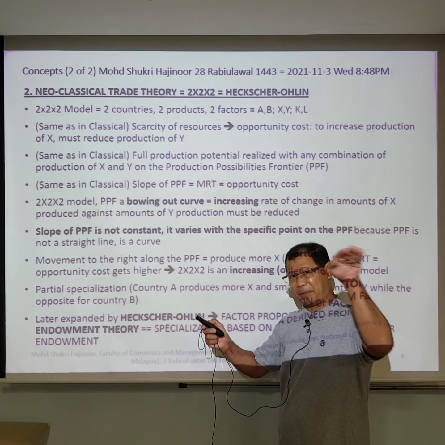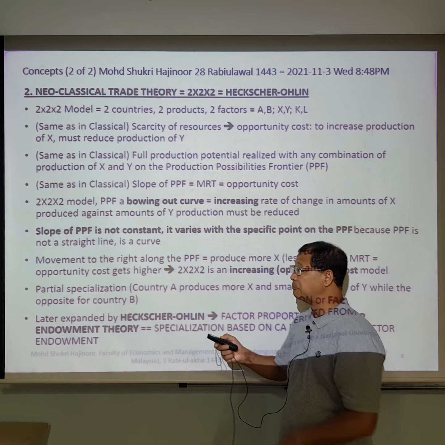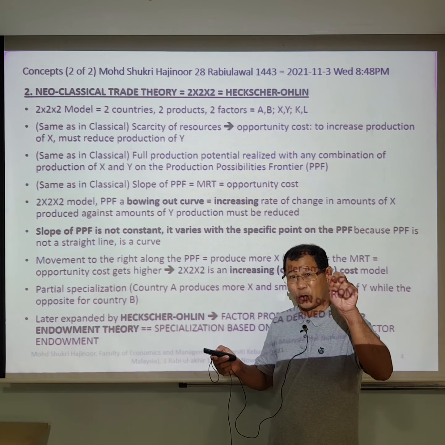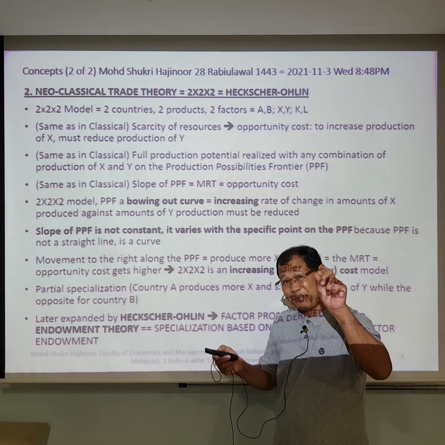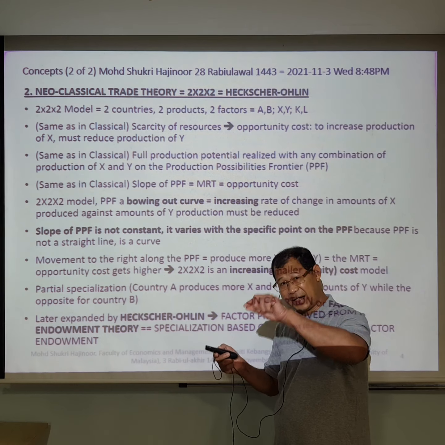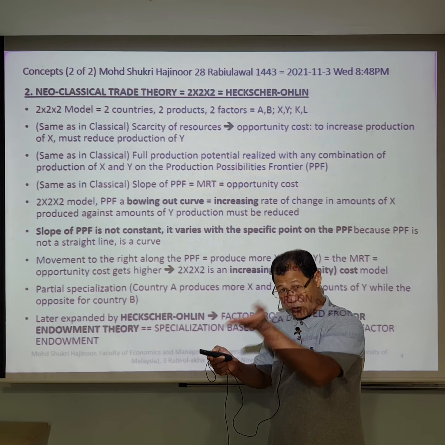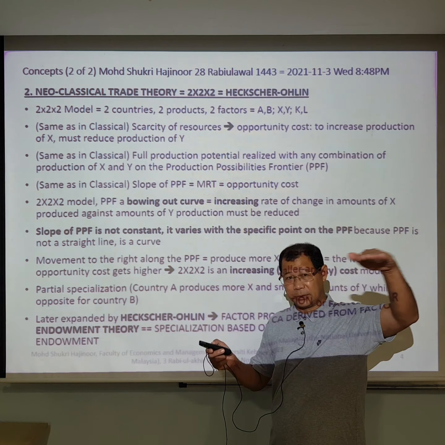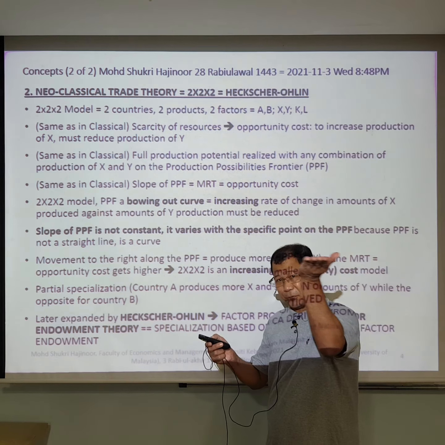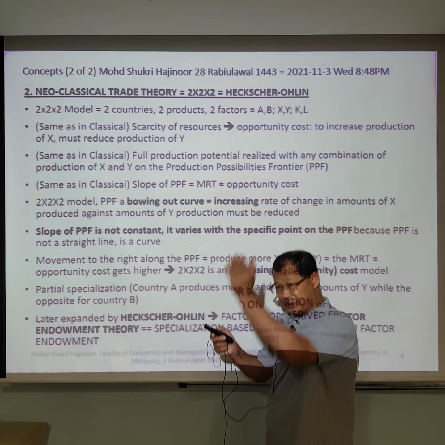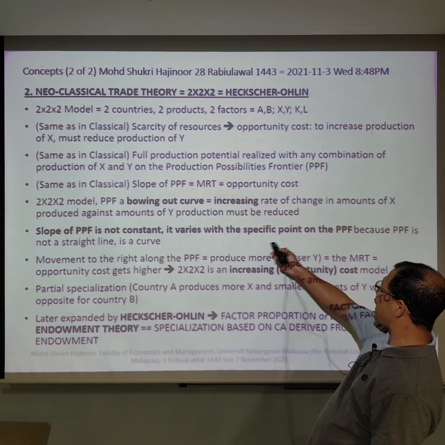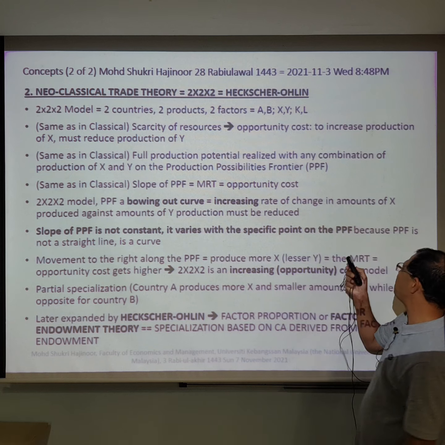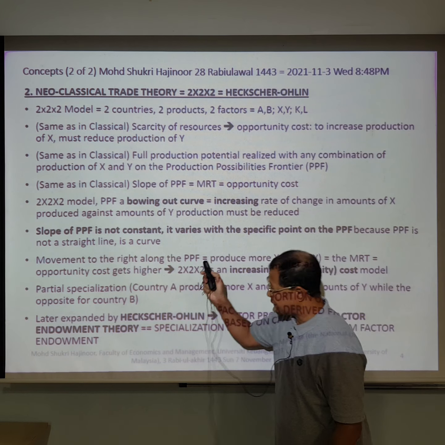Because of that bowing out line, the slope depends on which specific location on that line you draw the tangent line. Up here, less steep, but if you go down to the right, steeper. So it varies with the specific point of the PPF because it's not a straight line.